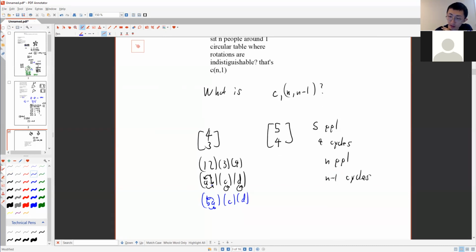Basically, you have n minus 2 numbers that are mapped to themselves, and for the remaining 2, there's n choose 2 ways to pick them. So this is just n choose 2: there's n choose 2 ways to pick which 2 swap with each other, and all the rest stay fixed under the permutation.